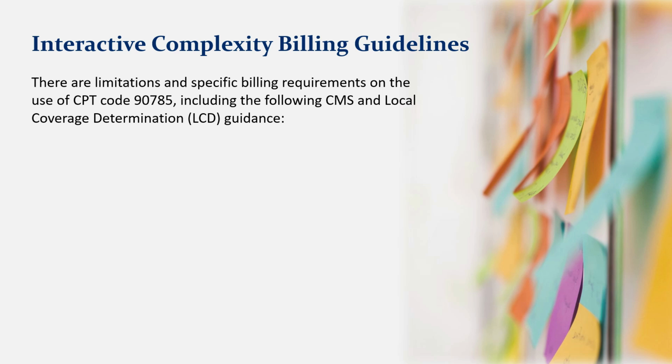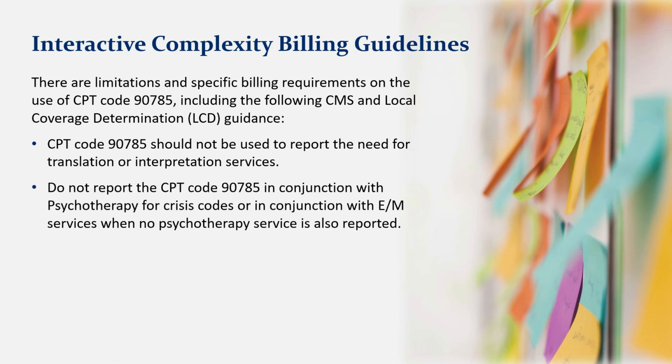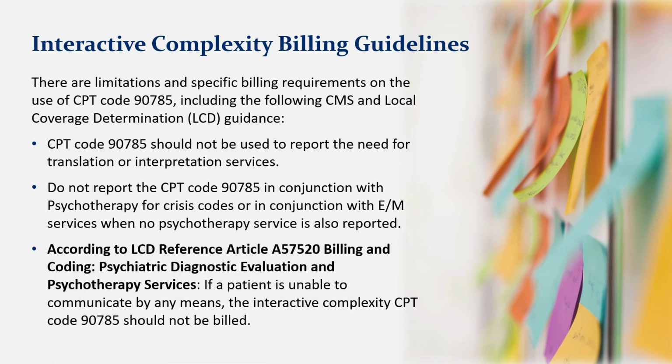The following should not be reported or billed: if the need for translation or interpretation services is necessary, psychotherapy for crisis codes, or with E&M services, unless a psychotherapy service is also being reported, or a patient is unable to communicate by any means. Next, we will discuss different regulations and when they are used for interactive complexity services.